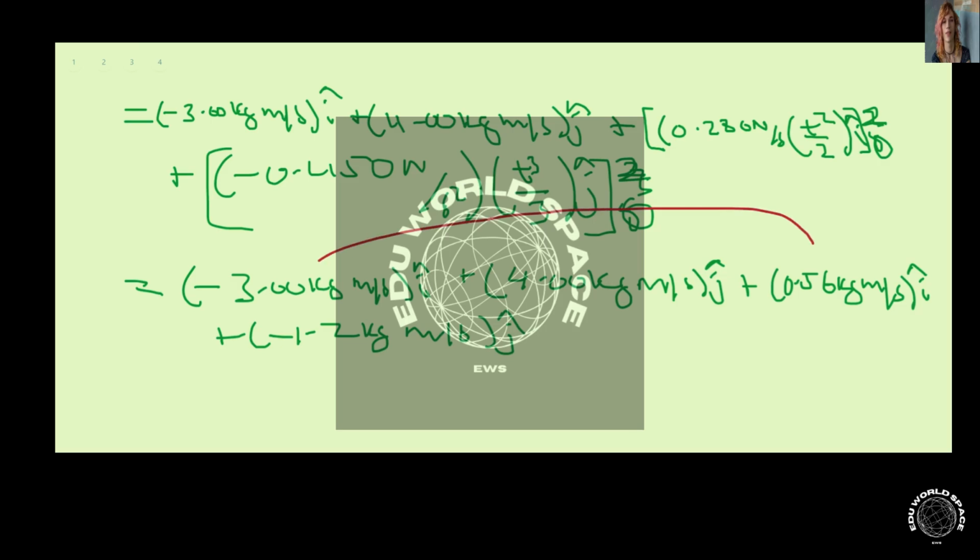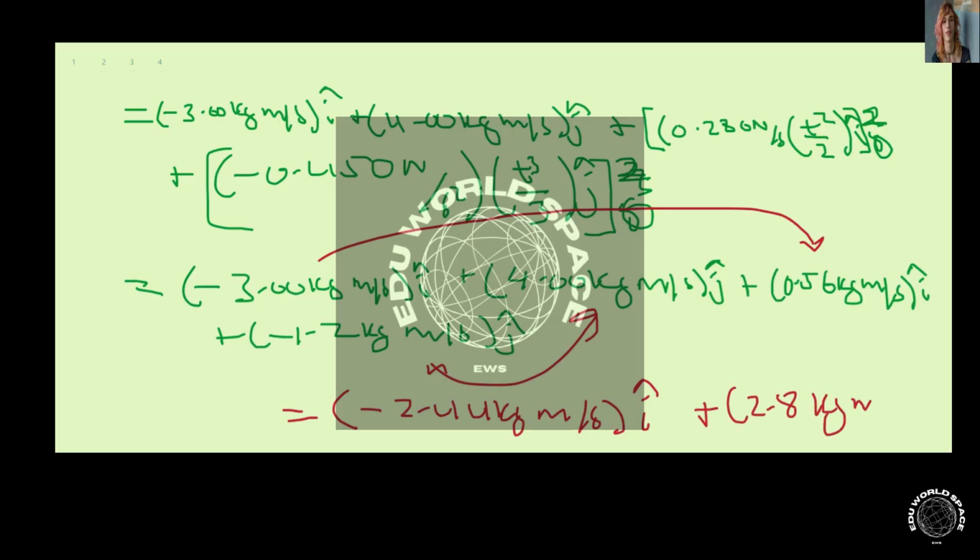Connect these two and then connect those two, and so you end up with the final answer of negative 2.44 kilogram meters per second i hat plus 2.8 kilogram meters per second j hat.